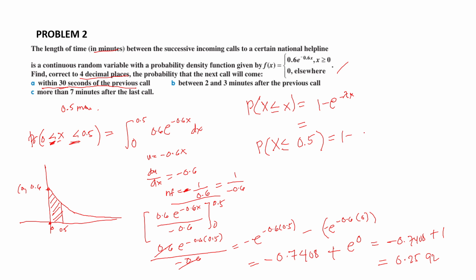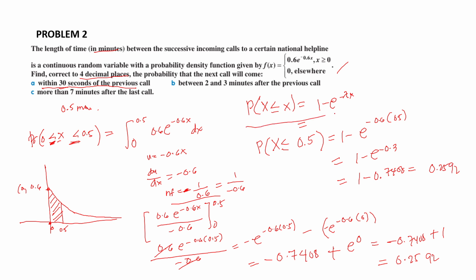That is 1 minus e raised to negative 0.6 times 0.5, so that is 1 minus e raised to negative 0.3, equals 1 minus 0.7408, that is equal to 0.2592.